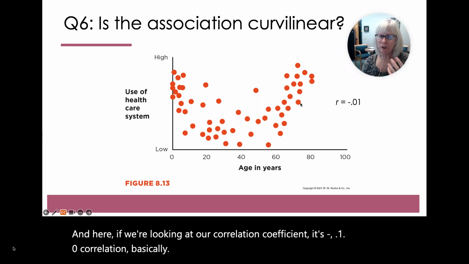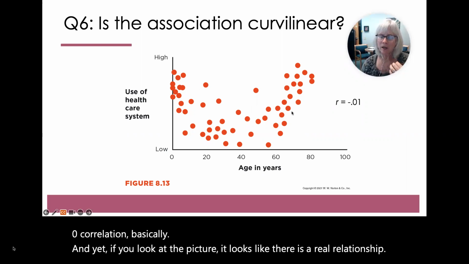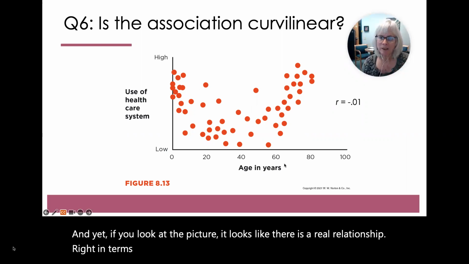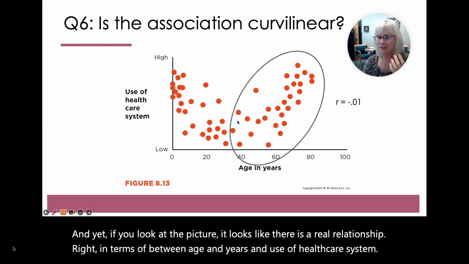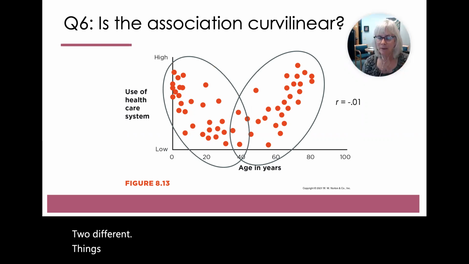And yet, if you look at the picture, it looks like there's a real relationship, right? In terms of, between age and years and use of healthcare system. That's because we actually have 2 different things happening at the same time here.